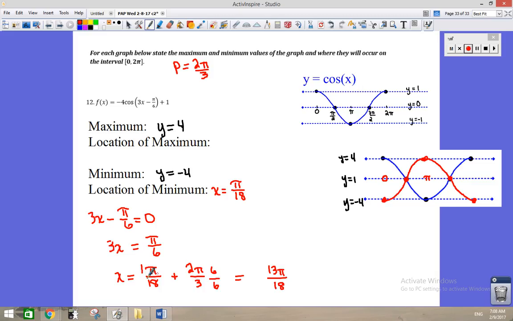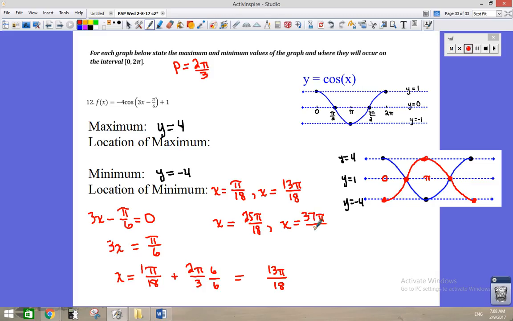2 times 6 is 12. 12 plus 1 is 13. And if I add another 12, I'll be at 25 pi over 18. And if I add another 12, I'm at 37.